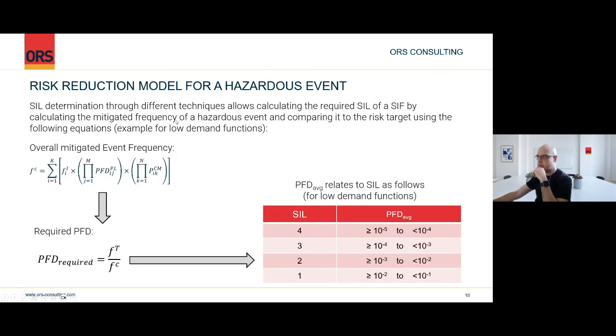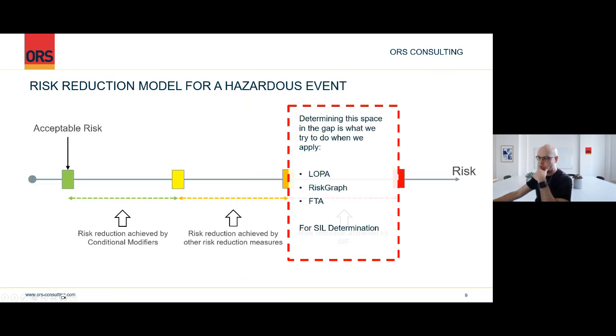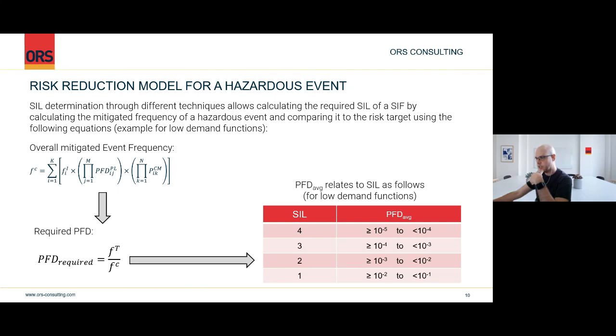So if you're using LOPA, or a risk graph, we're always doing more or less the same thing mathematically. A risk graph is qualitative, but if it's properly calibrated, what sits behind it is something like this equation.